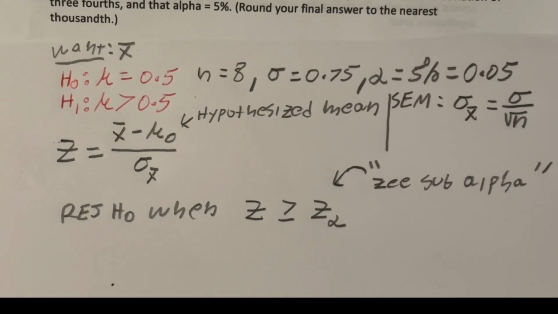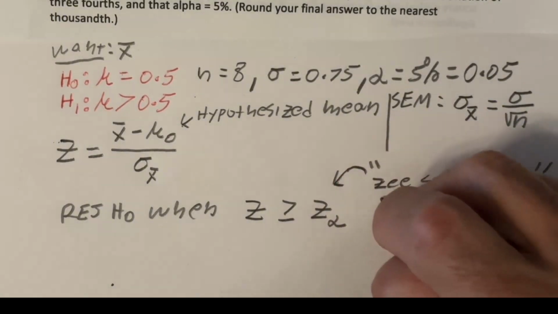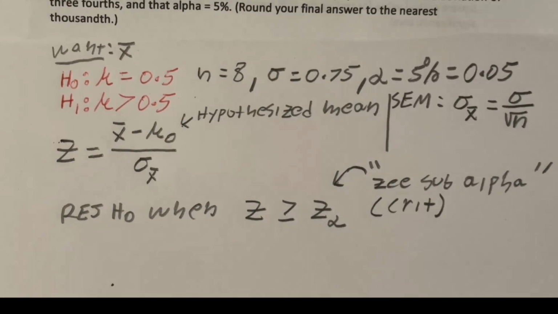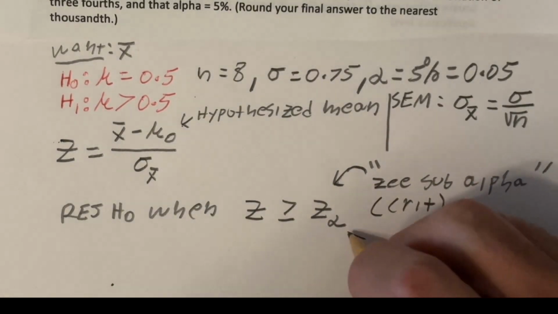And I have a whole video on Z sub alpha. You could look that up. But this is also called the critical value. And I'm just going to write crit for critical value to save a little space. And this is not a 2, this is an alpha.